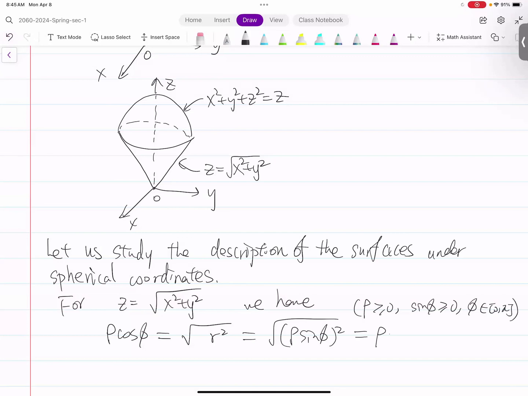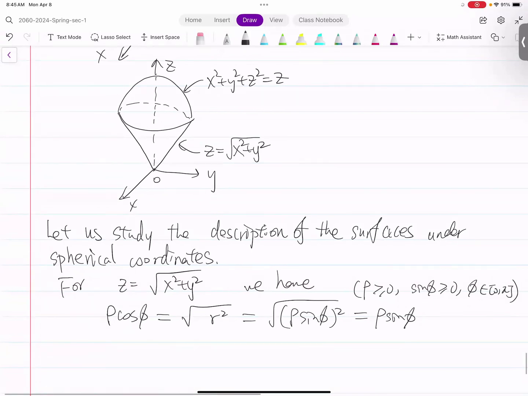So we get rid of the square and the square root, and it tells you rho cosine phi must equal rho sine phi. And here, if we divide both sides by rho, since that's always positive in the solid, the cone becomes cosine phi equal to sine phi.